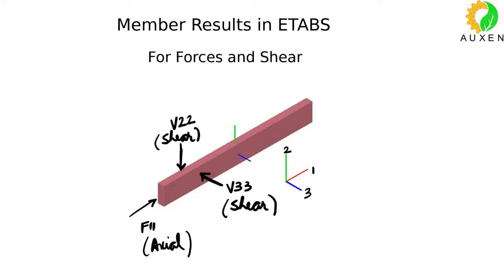So you can see I have written 1, 2, 3 local axis numbers. And now you can see for a typical beam, I'm showing this beam in 3D isometric view. This is how your forces and shears will look like. So F11 along 1, V22 is along 2, and it's a shear, and V33 is also a shear along 3.